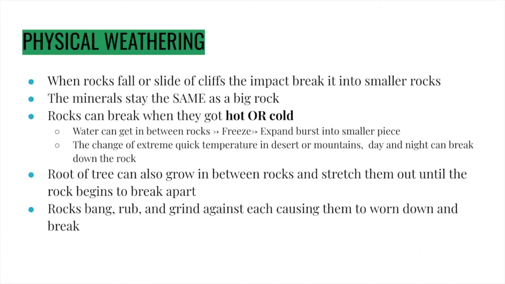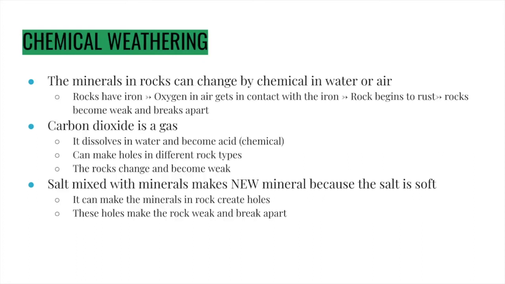So they are going to stretch out the rocks, and when they stretch out those rocks so they can have space to grow, the rocks will begin to break apart. There are many different ways that physical weathering can occur. When rocks bang, rub, or grind against each other, they become too worn down and they begin to break.